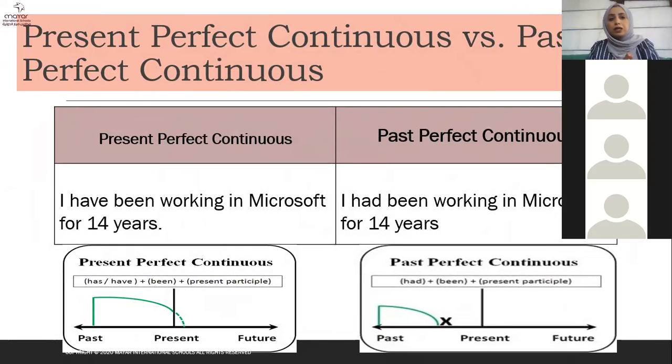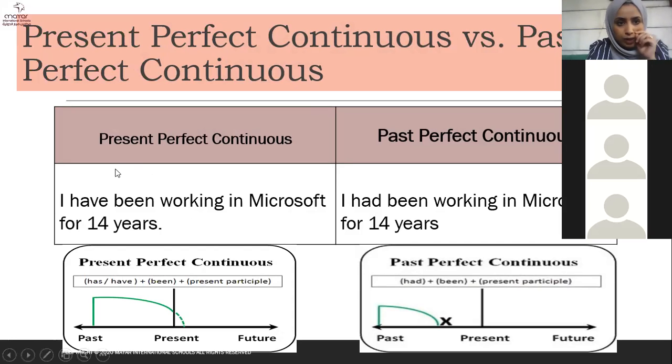So I figured out that it's easier when you try to compare, because students understand when you put the different tenses together and you show them the differences. The differences help you to understand better. This is what I believe. So, present perfect continuous and past perfect continuous, using the same sentence with different timelines.